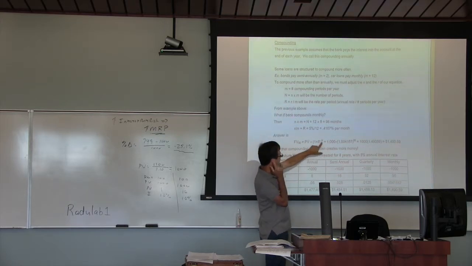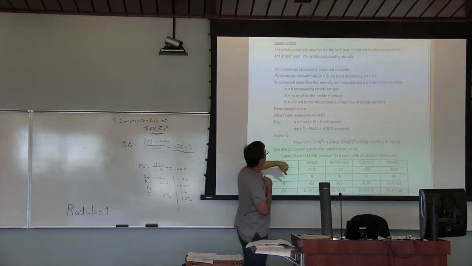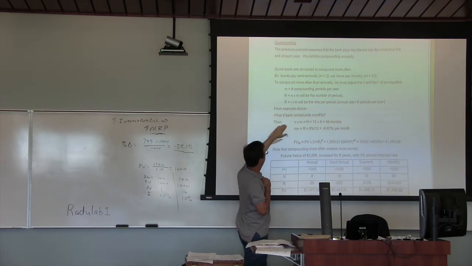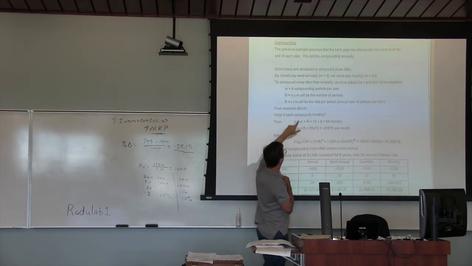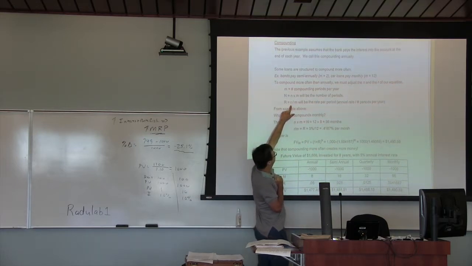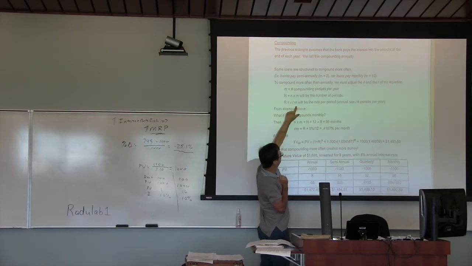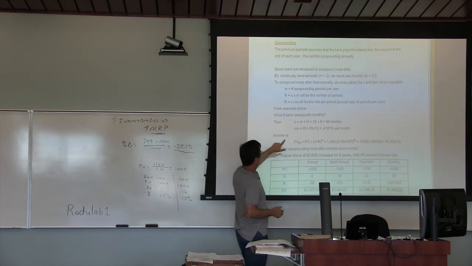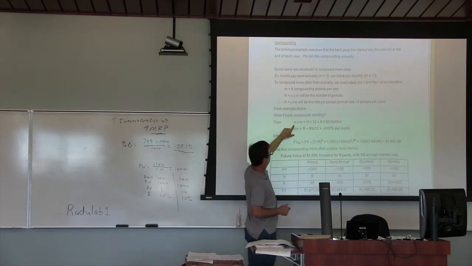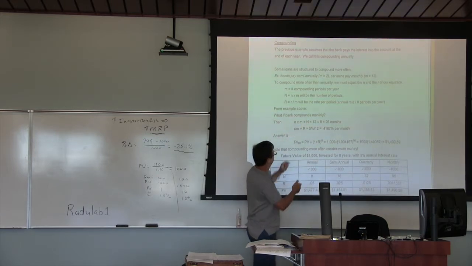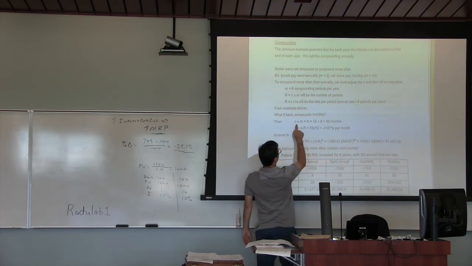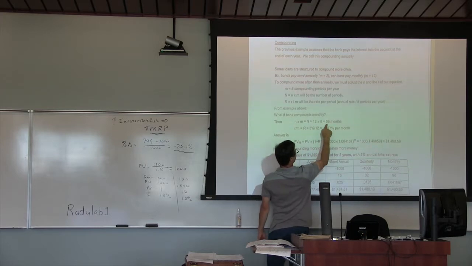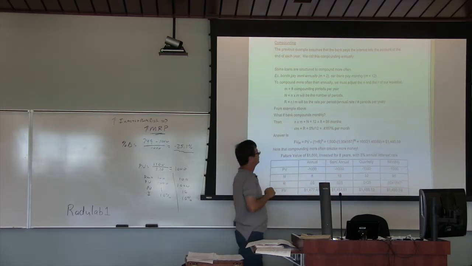Capital N in this future value formula then would reflect the number of years times the number of compounding periods per year. The capital R here would be the interest rate per year divided by the number of compounding periods per year. So let's take that example previously, and we had 12 compounding periods per year times 8 years gives us 96 for N.